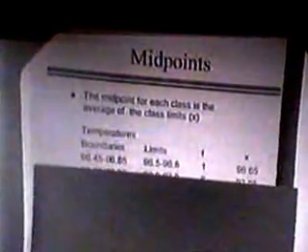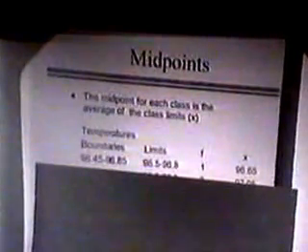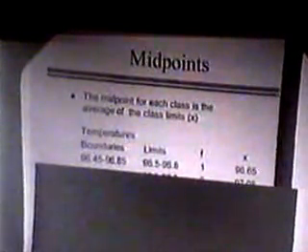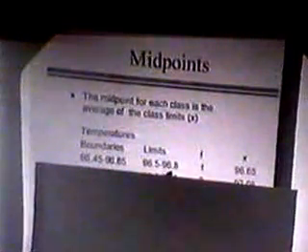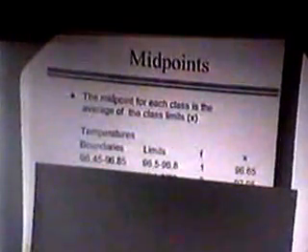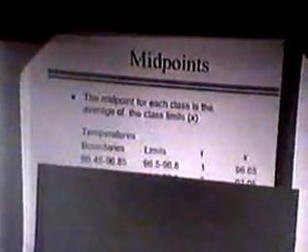So the midpoints, we've already found the boundaries and the limits, the frequencies were given. The midpoints, you add these two numbers up, 96.5 and 96.8. You add up the limits, divide by 2, and you get 96.65.